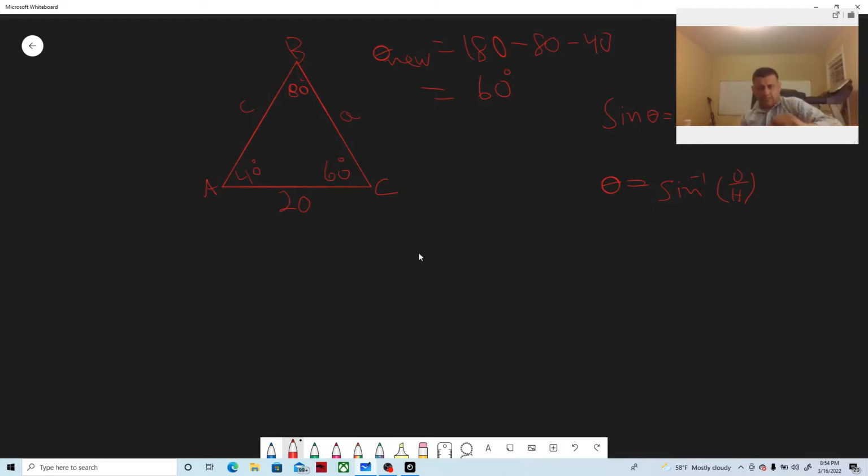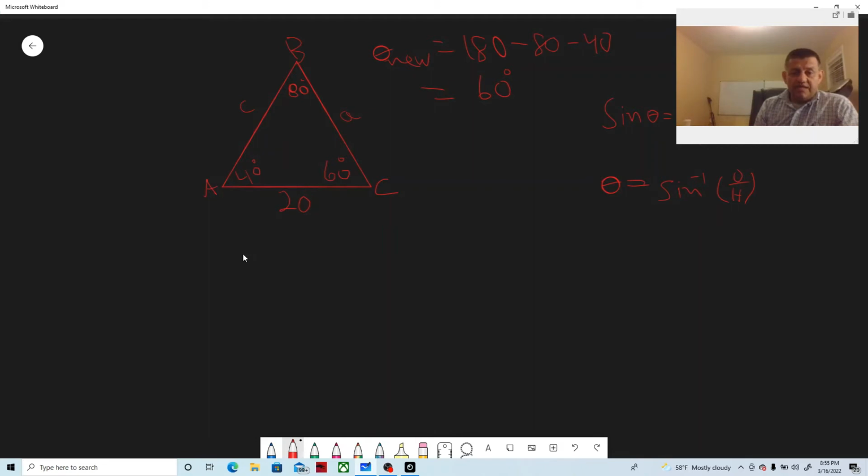Now, what can we do in this case, right? So I need to find length a and length c, right? Let's say I want to find length a.